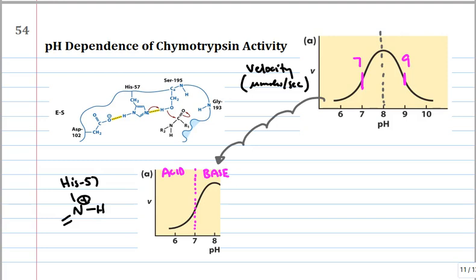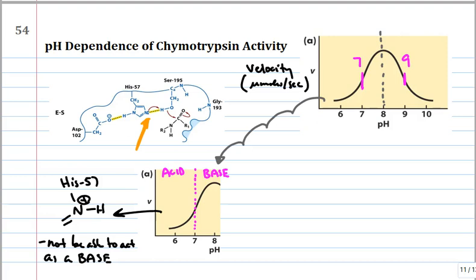It will be in the acid form, and then it will not be able to act as a base. Ladies and gentlemen, we said that was the initiating event of the mechanism. If histidine 57 doesn't act as a base, oh look, we even have the mechanism up here. If histidine 57 doesn't act as a base, this enzyme is not going to work.